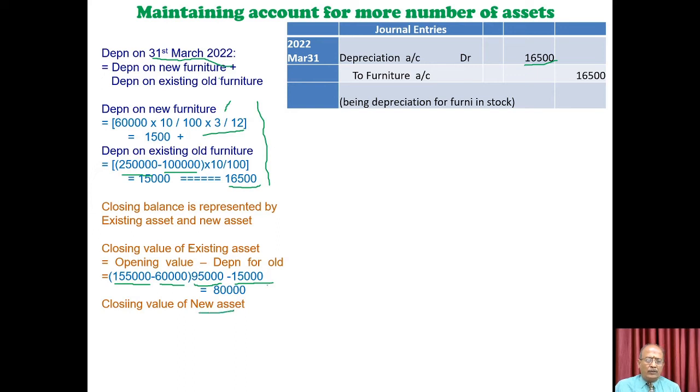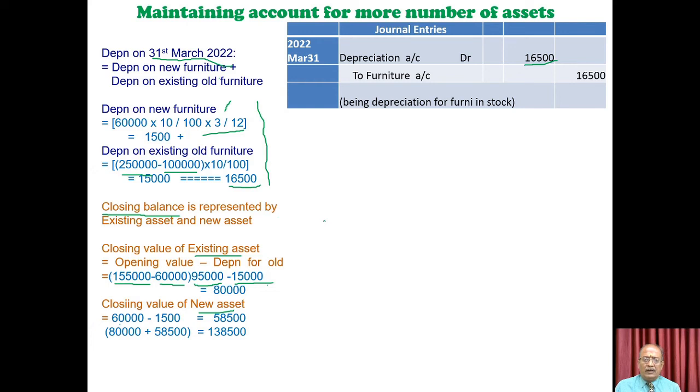So this is about the existing asset and this is about the new asset. What will it be? It would be 60,000 minus 1,500, 58,500, totaling to 1,38,500 will be the closing balance in the furniture account at the end of this year.